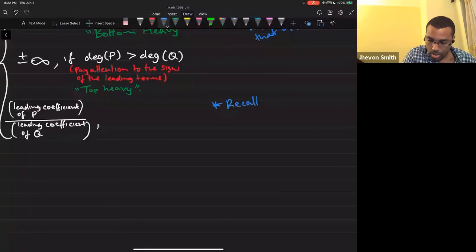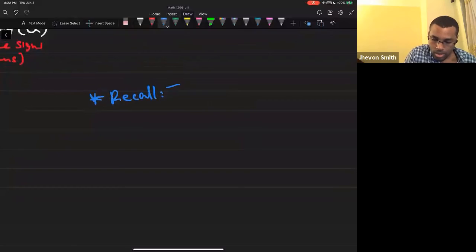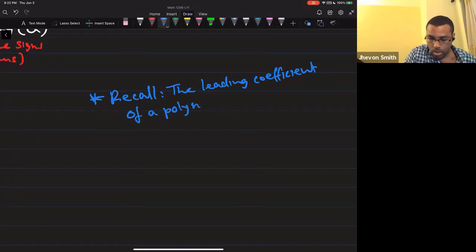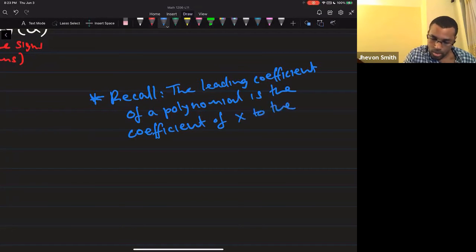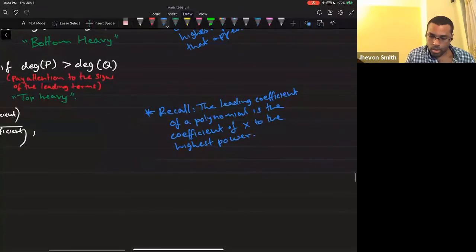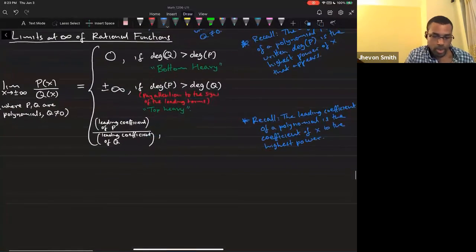Call the leading coefficient of a polynomial the coefficient of x to the highest power. Or it's the coefficient of the highest power of x, you can say.